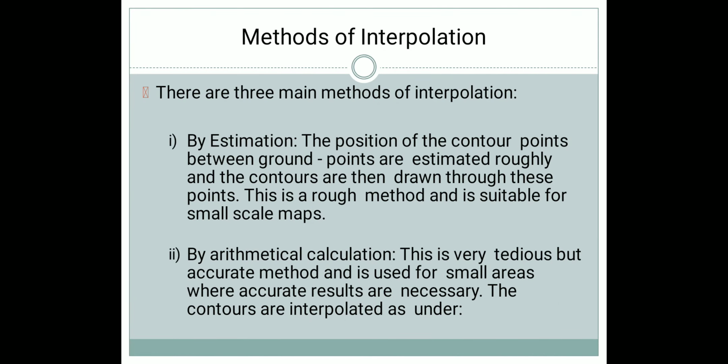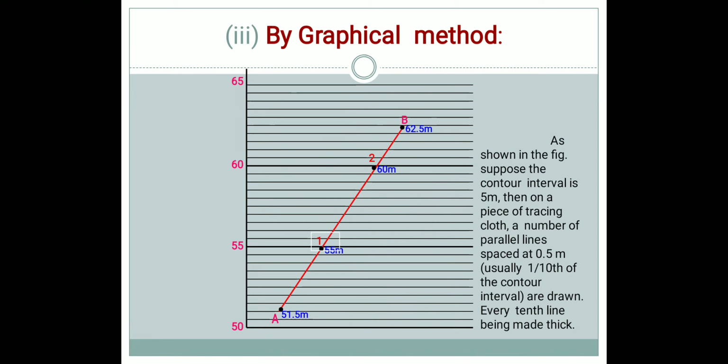By estimation and by arithmetic calculation. By estimation, the positions of the contour points between the ground points are estimated roughly, and the contours are then drawn through these points. This is a rough method and suitable for small scale maps. Arithmetic calculation is a very tedious but accurate method and is used in small areas where accurate results are necessary. The contours are interpolated like this.